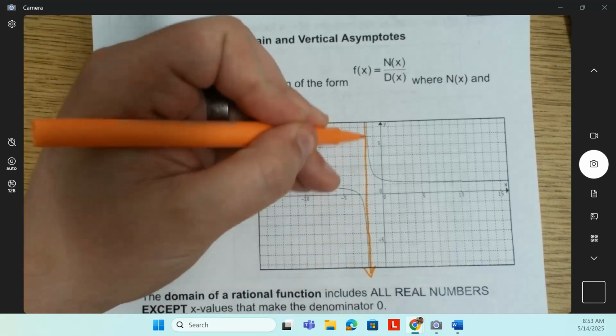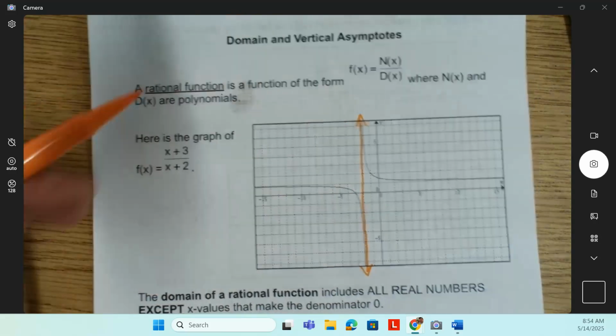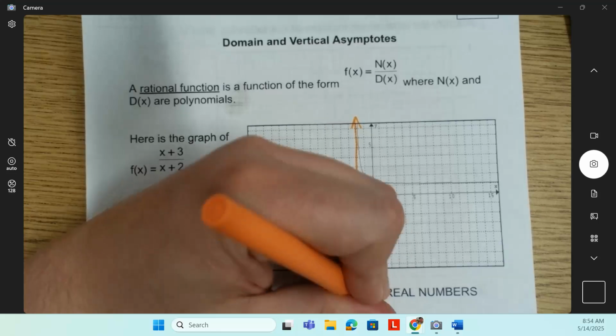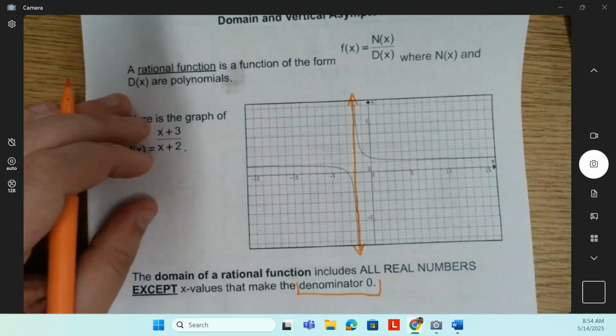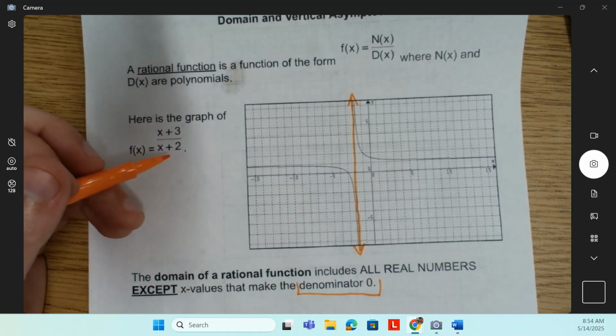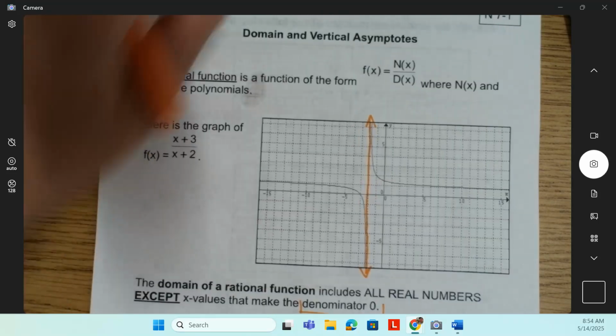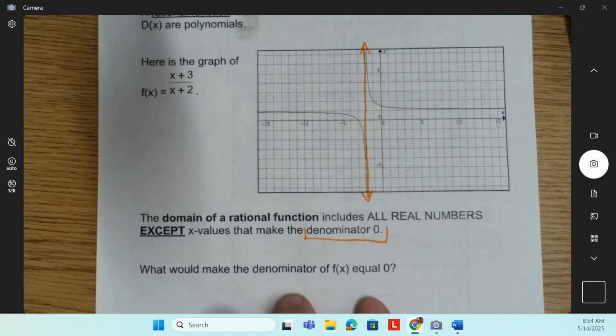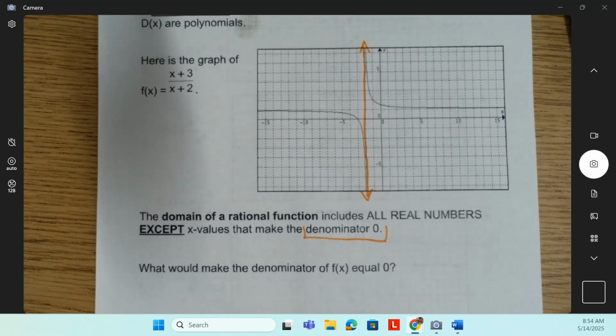And what happens is we have this vertical asymptote because where the denominator is 0, you're not allowed to have a denominator of 0. It makes it a non-real number. So since we can't have a denominator that equals 0, that point is going to be an asymptote.